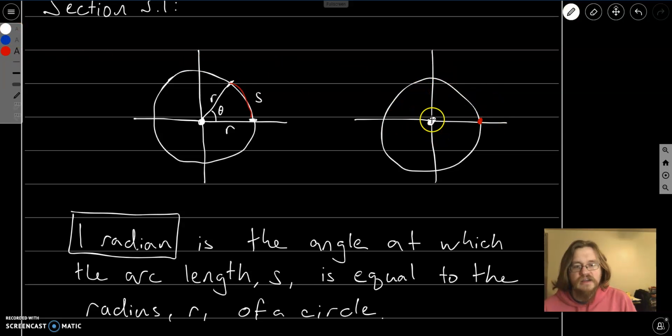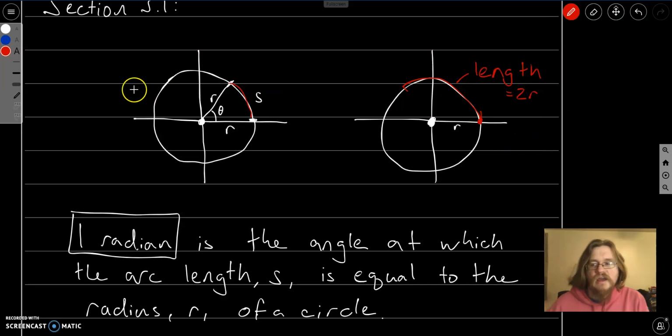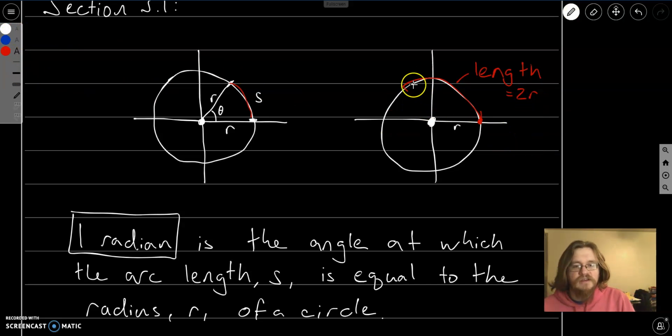So again, r is the distance from the origin to the outside of the circle, and I would be traveling along the outside of the circle until this length here is equal to 2 times r, and wherever I end up, it'll be about there, I suppose. This angle is going to be 2 radians wide.